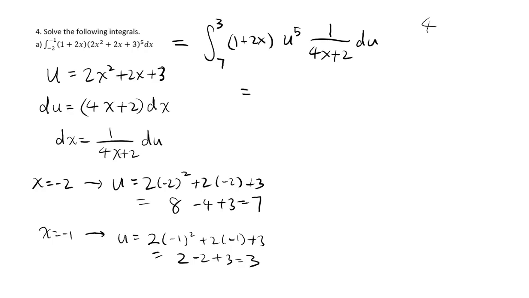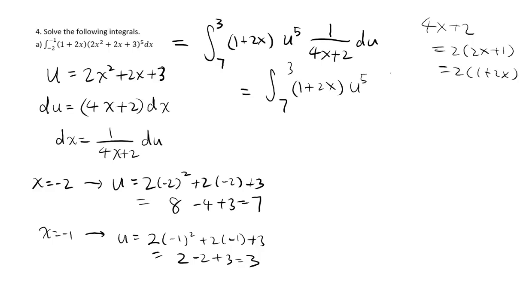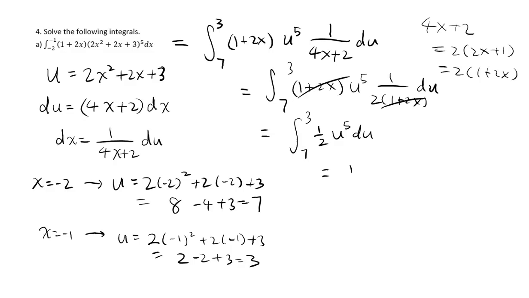Well, 4x plus 2 is twice of 2x plus 1, which is twice of 1 plus 2x. So you can rewrite this as 1 plus 2x times u to the 5th power, 1 over 2 times 1 plus 2x du, and then 1 plus 2x and 1 plus 2x cancel away, and now you have 1/2 times u to the 5th power du, integral from 7 to 3.